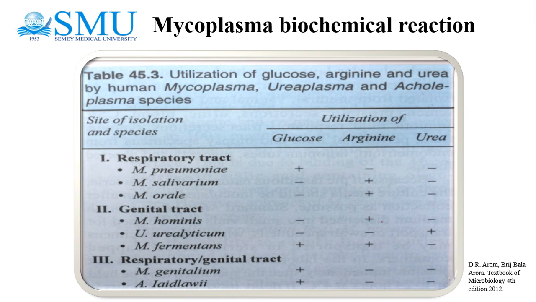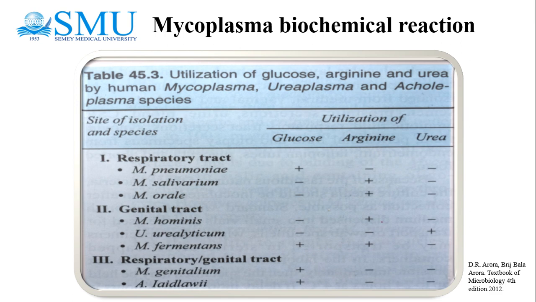Ureaplasma urealyticum produces the urease enzyme that hydrolyzes urea to ammonia. The liquid culture medium is supplemented with one of these three substrates and a pH indicator, phenol red. The carbohydrate-fermenting species catabolize glucose to produce lactic acid, resulting in a shift to acidic pH.